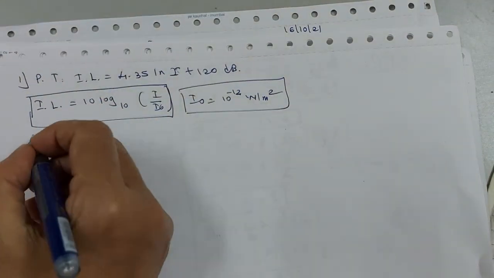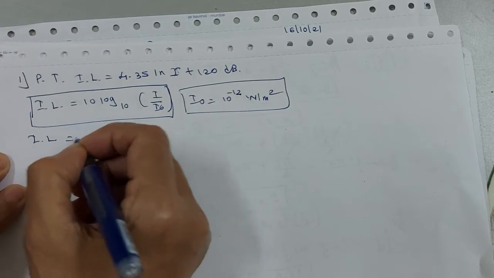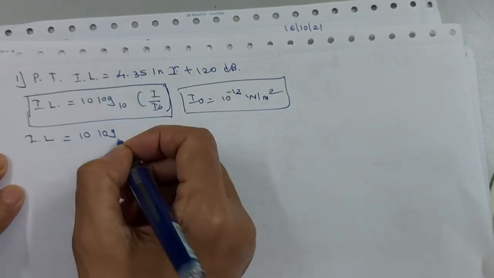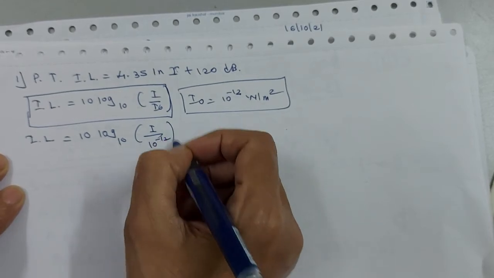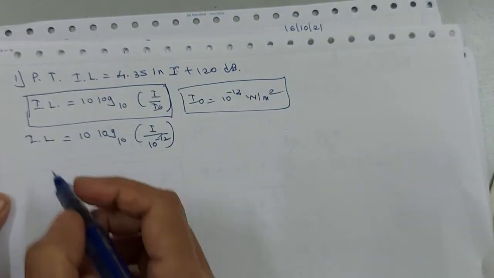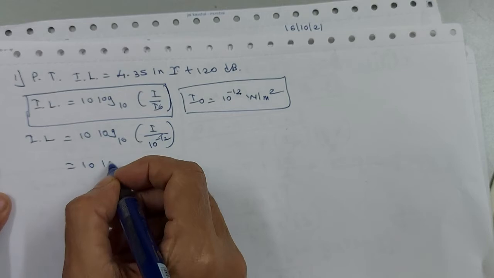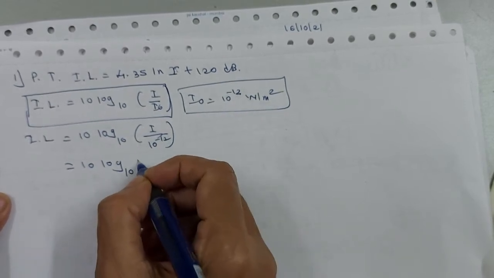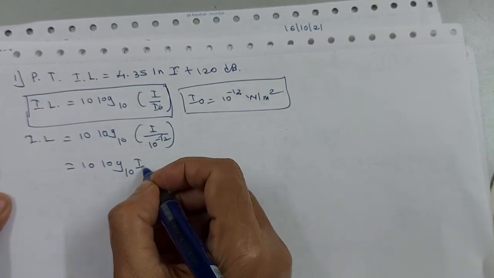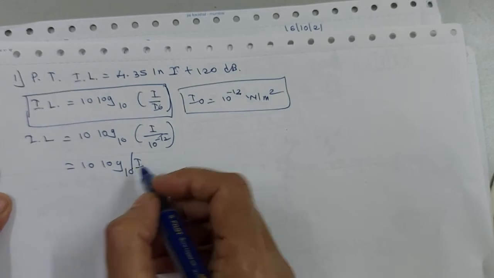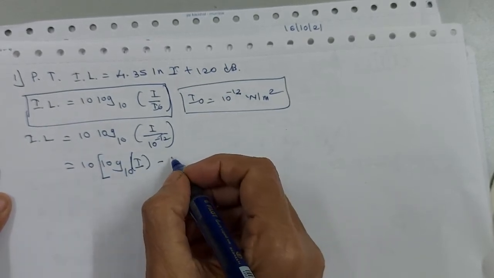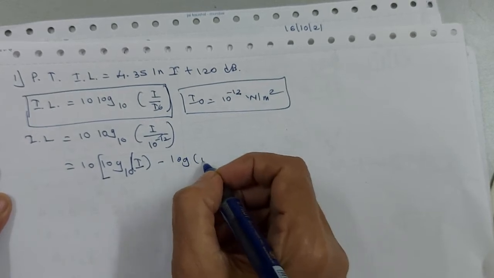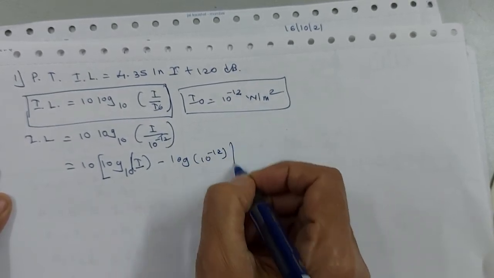Okay, so I'll say intensity level is equal to 10 log to the base 10 I by 10 to the power minus 12. Fine. So simplify this. 10 log to the base 10, log of I, here I put the bracket, log of I minus log of 10 to the power minus 12.